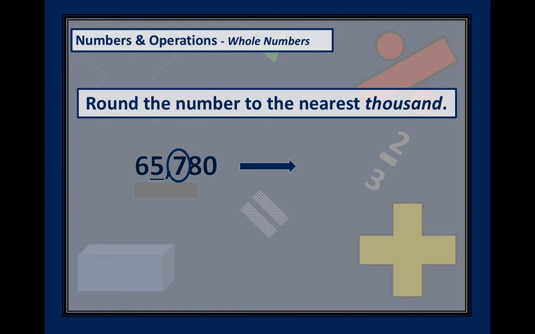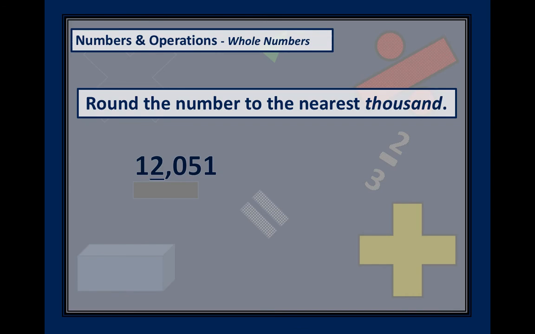So that means that our rounding place in the thousands, that digit is going to become a 6. So 65,780, when rounded to the nearest thousand, becomes 66,000. And again, if you circle it, that's a great way just to focus on the place that you're going to use the rounding rules for, and you underline the place that we're rounding to.